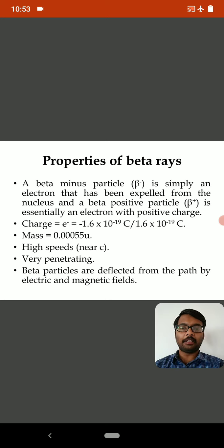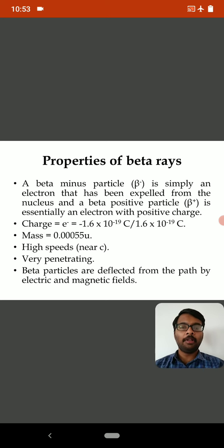Whereas the electron is negatively charged, the positron is the positively charged particle. If we look at the charge, for beta minus it is minus 1.6 into 10 raised to minus 19, and in the case of beta plus it is 1.6 into 10 raised to minus 19 coulomb. So the value of charge is the same, only the sign is opposite.